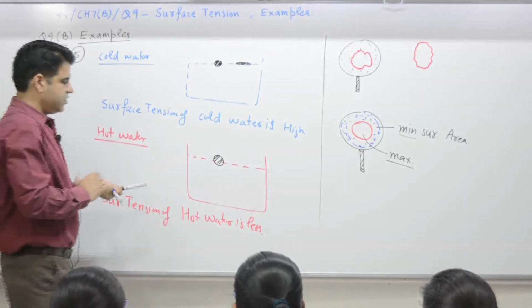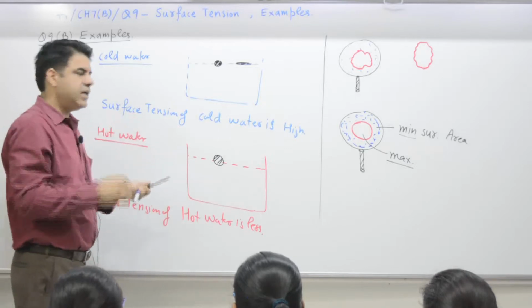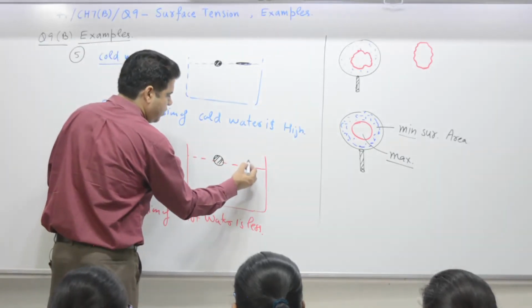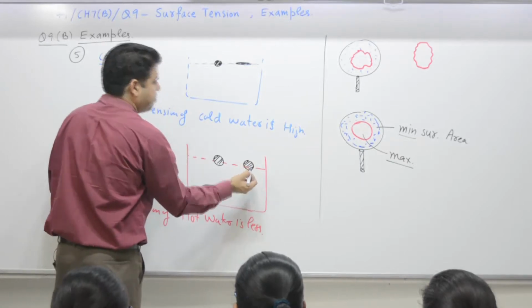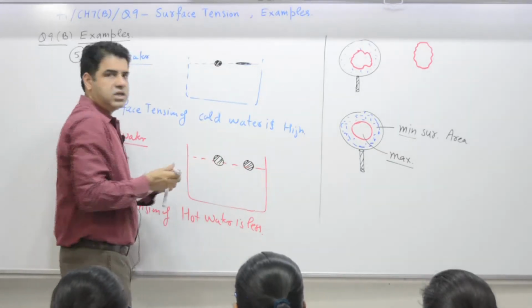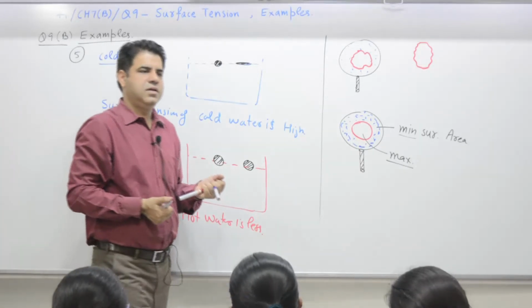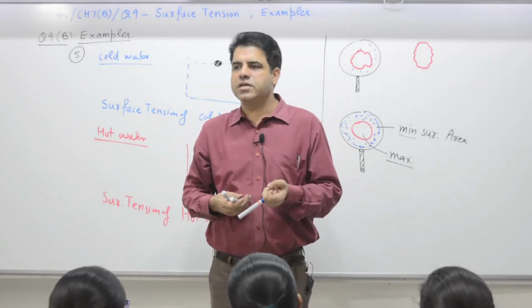So that means the force acting in all directions to make it flat is relatively less. So it may have a small variation in the shape, but it will be almost a sphere. Boiling water has zero surface tension.